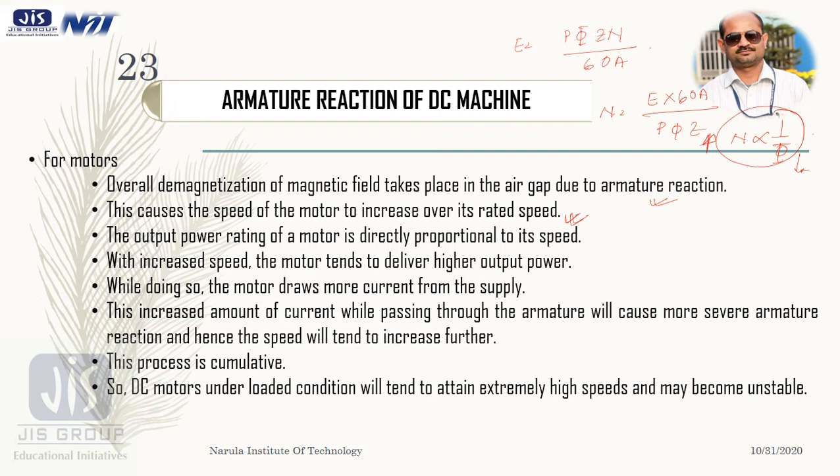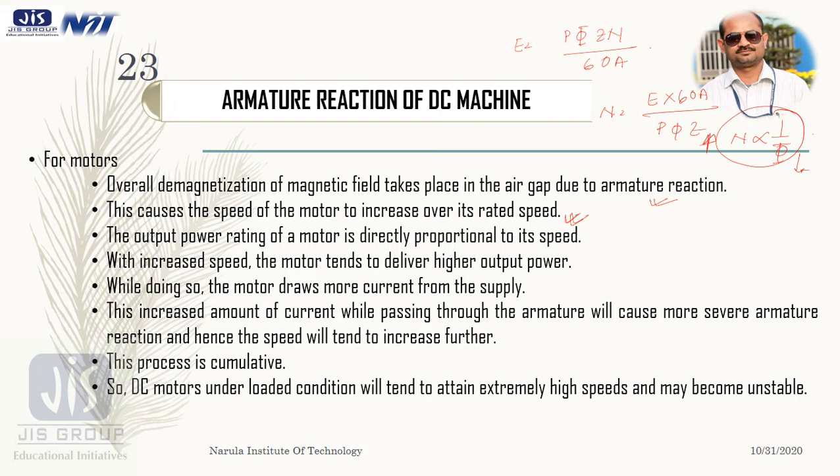The output power rating of the motor is directly proportional to its speed. So with the increase of speed, the motor tends to deliver higher output power, and while doing so, the motor draws more current from the supply, and this increasing current while passing through the armature may cause severe armature reaction, and hence the speed will tend to increase further, and this process is again cumulative.